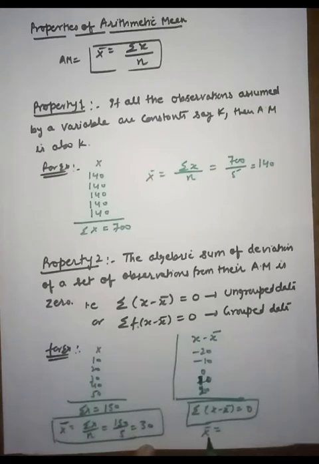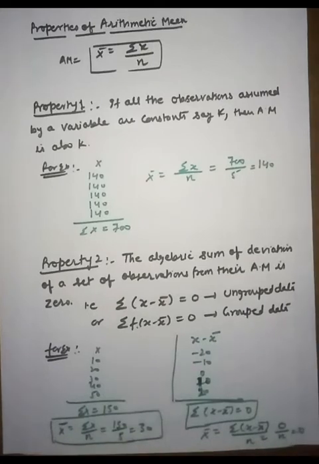Now if we find the arithmetic mean of the deviations, it means this sum upon the number of observations. So you see 0 upon n comes to 0, right? So this is arithmetic mean property 2.